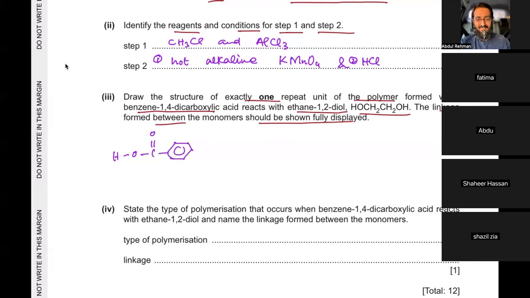This one. So we know that OH is removed, and from the alcohol, this H is lost. So then the carbonyl carbon bonds with the O, then CH2, then CH2, then O, and then an empty bond. So this is how you can make the one repeat unit. Is this clear?